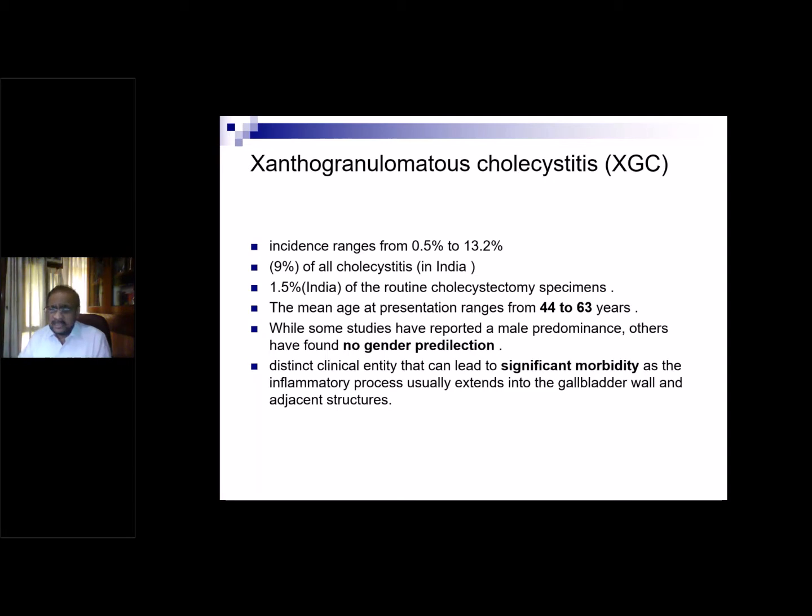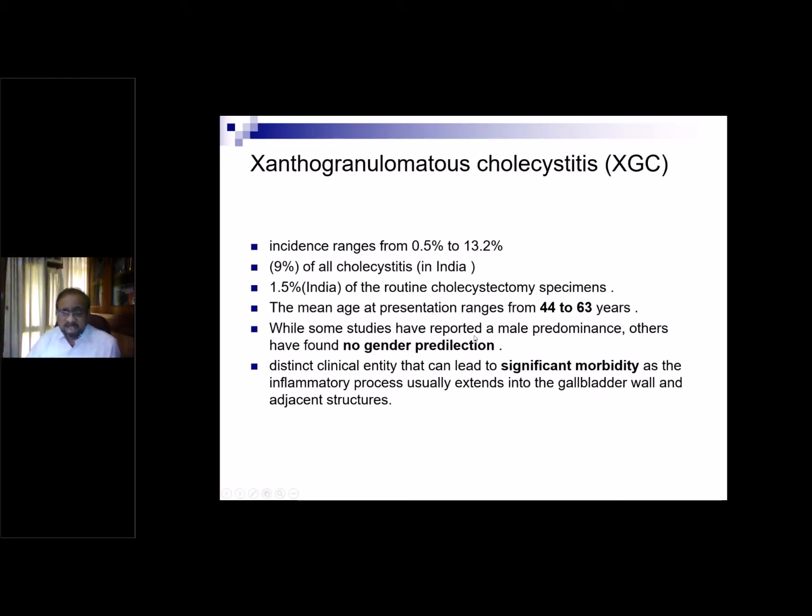Now here, xanthogranulomatous cholecystitis, or XGC, has an incidence in the region of 0.5 to 13.9% of all cholecystitis. These are Indian figures, and 1.5% of all routine cholecystectomy specimens. So out of routine cholecystectomy specimens, 1.5% could well be xanthogranulomatous, and 9% of all cholecystitis preoperatively could be the diagnosis of XGC.